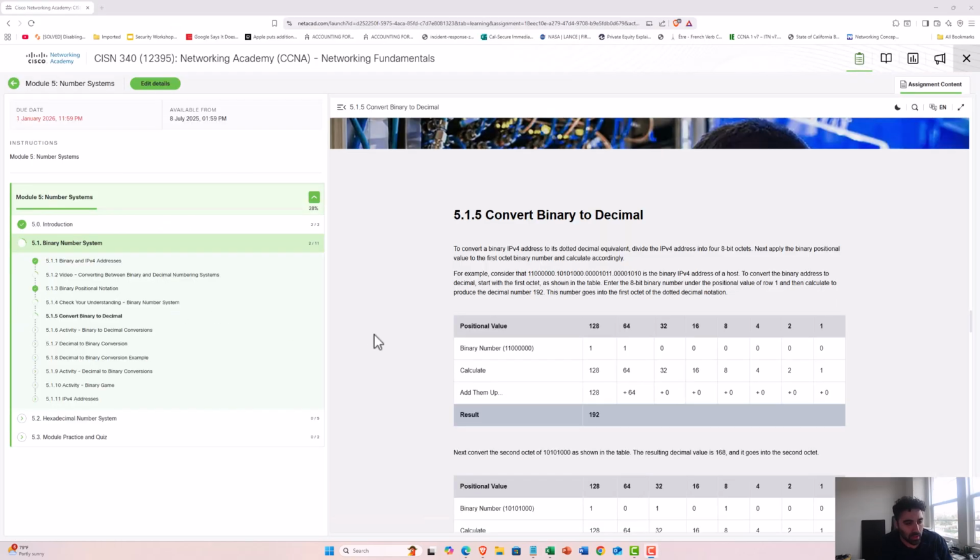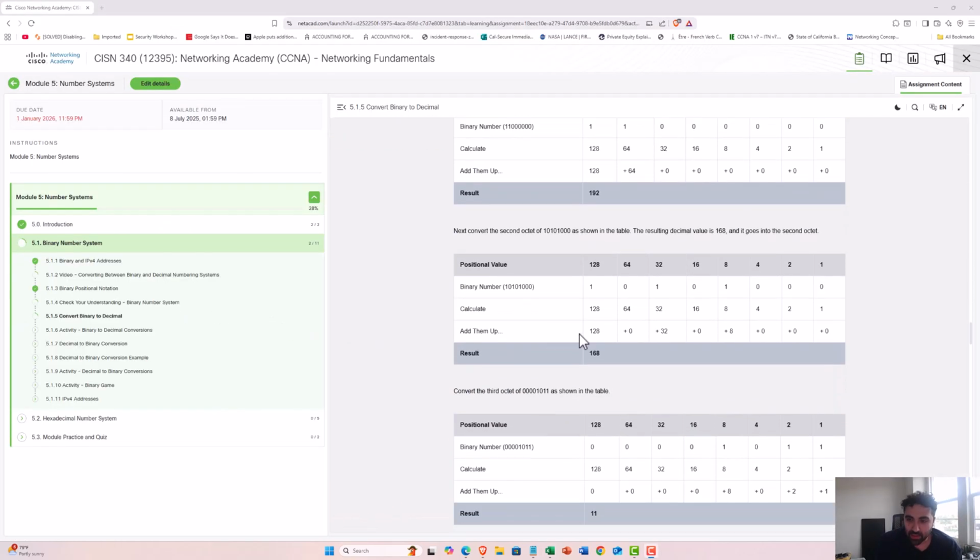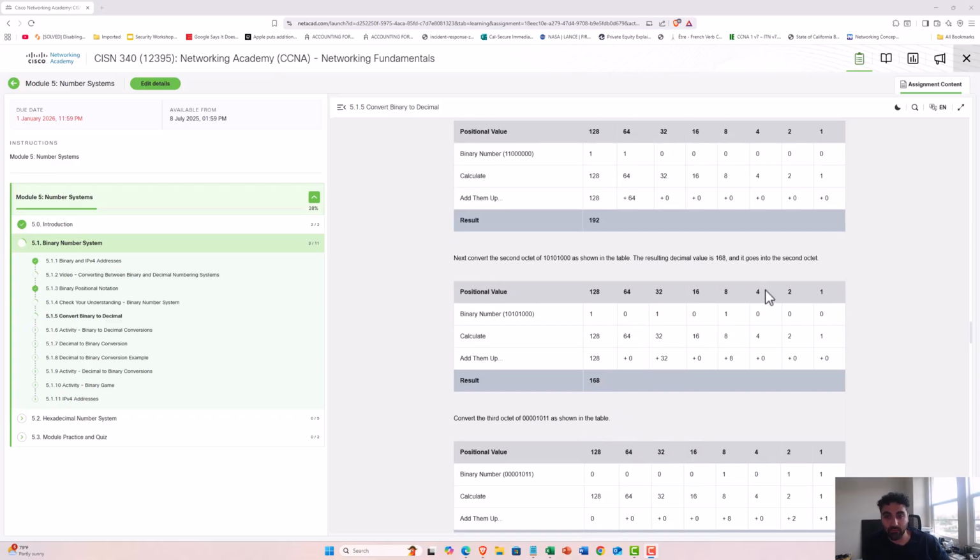Okay, so let's go ahead and continue on. This lesson specifically gives a few additional examples. For example, you'll see here converting an octet of this binary number into decimal. Just like we did here, we find the positional values, we write the binary number, okay, and then you just add them all up together, right?